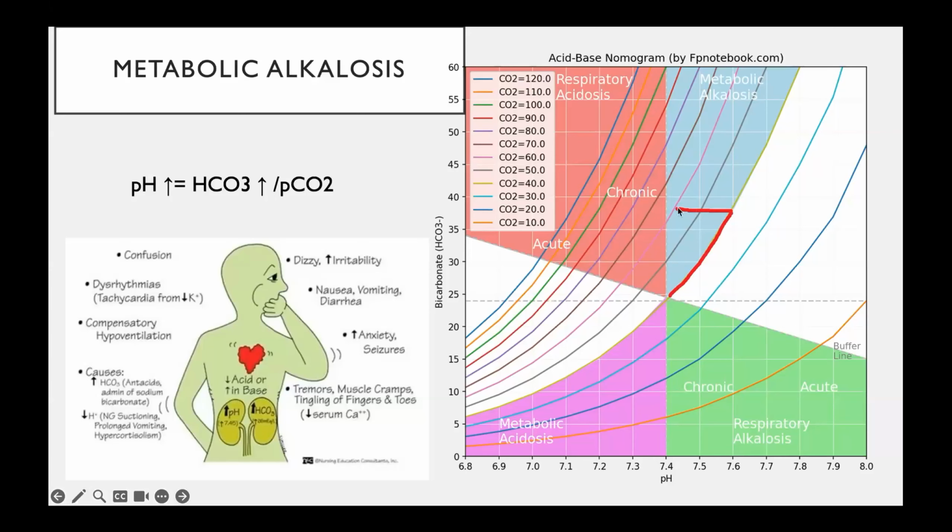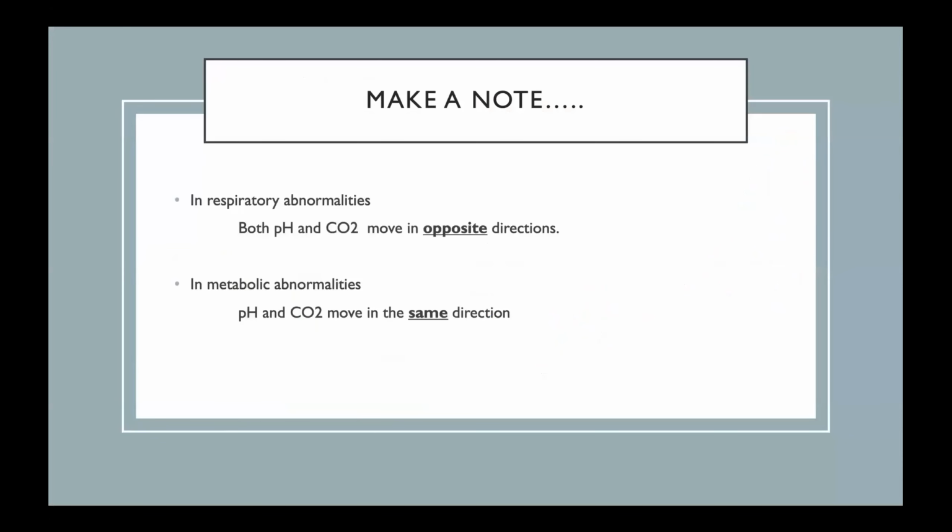So you can see this in respiratory abnormality. Generally, if the pH goes up in a respiratory abnormality, that means alkalosis, with hyperventilation carbon dioxide will go down, so pH will go up. In metabolic abnormalities it's the opposite, because if pH goes up, carbon dioxide also moves high. Why?